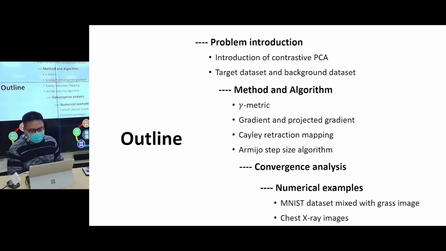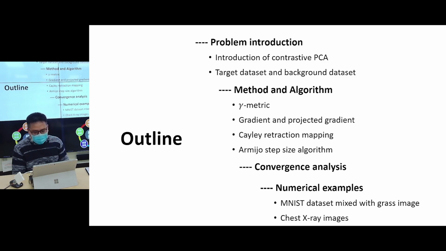But in the high dimensional setting, as you will see, the eigenvalue decomposition is impossible and impractical. So we want to convert the eigenvalue decomposition to a maximization problem on the Stiefel manifold.